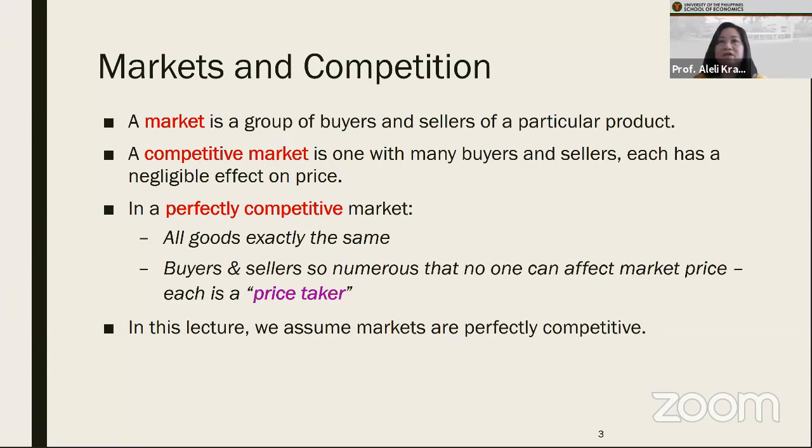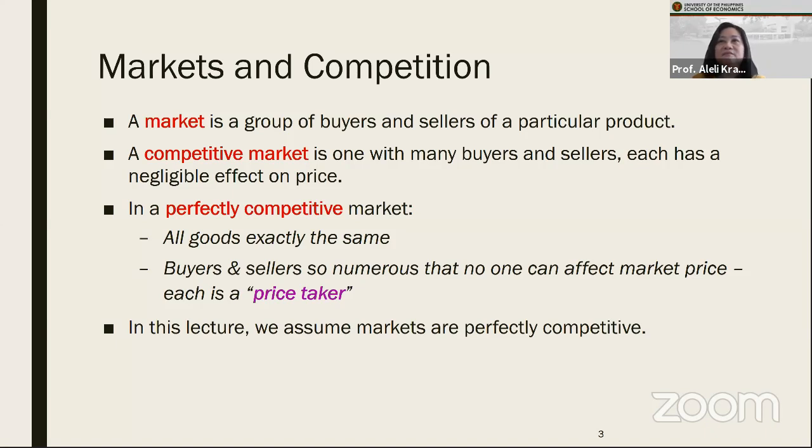And if you recall last time's lecture, we noted that it's very important to define that particular product. Then we focus on what we call a competitive market. A competitive market is one where there are many buyers and sellers. Each has a negligible effect on price.